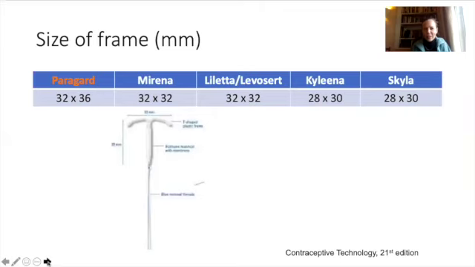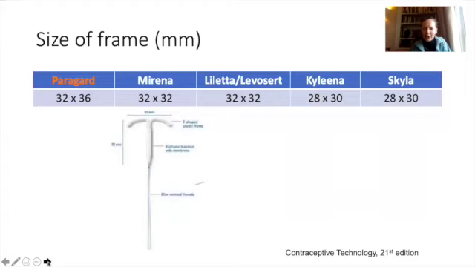And when we look at the size of the frame for the Paragard or the copper T380A, that one measures 32 millimeters horizontally, meaning across the arms, while it is 36 millimeters tall. The Mirena is similar in the arm span of 32 and the height of 32.